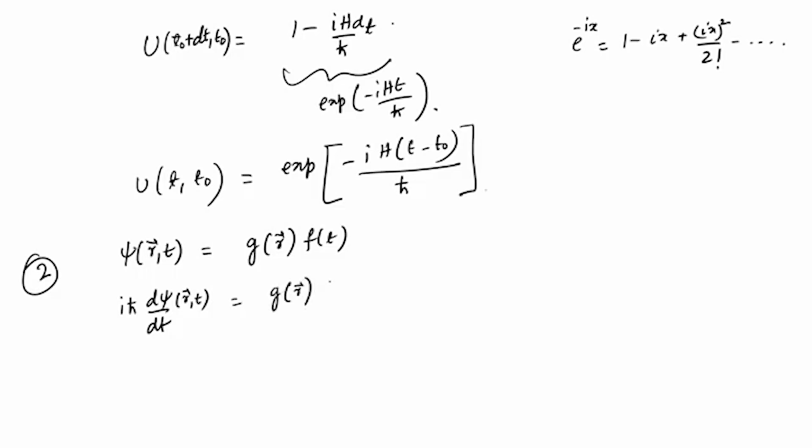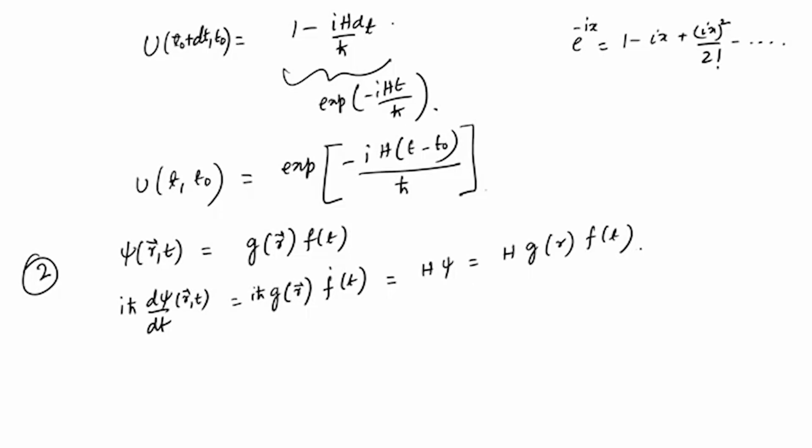So, it is g of r f dot of t. So, we have I h cross f dot of t, and that is equal to H psi, which is equal to H acting on g of r f of t.